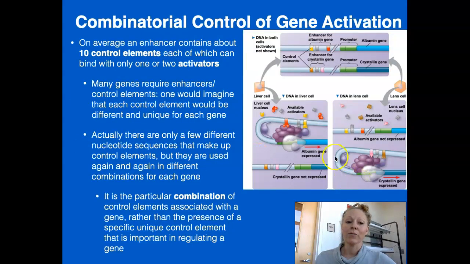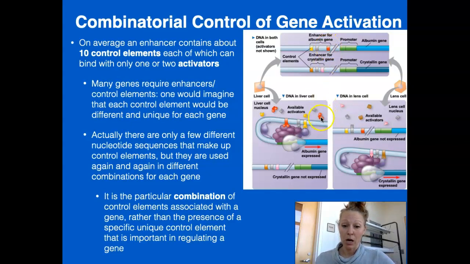On average, the enhancer region right here, which is thousands of nucleotides away and has control elements, is going to have about 10 control elements, but of course it's an average, so some are going to have more and some are going to have less. Each one of these control elements is going to bind with one or two activators.